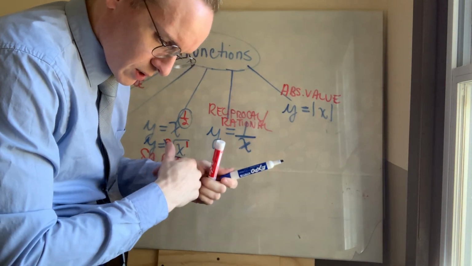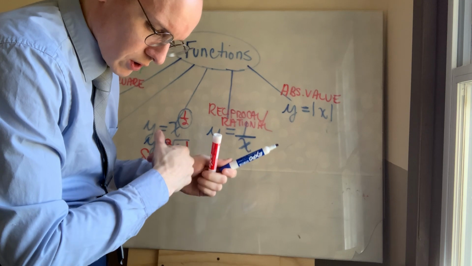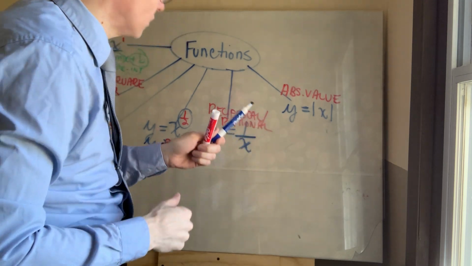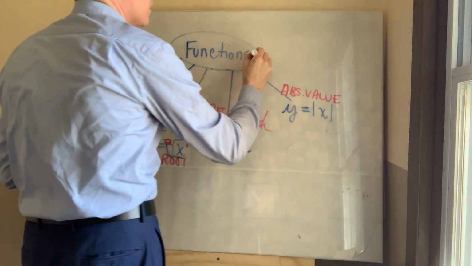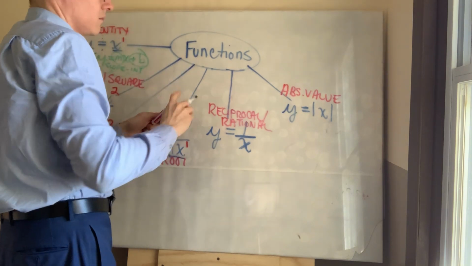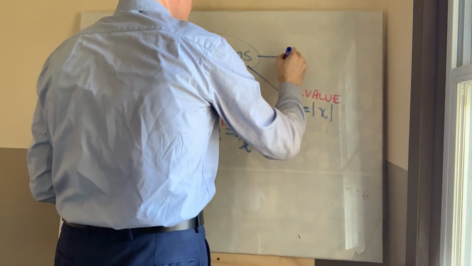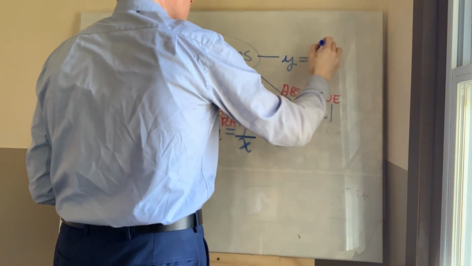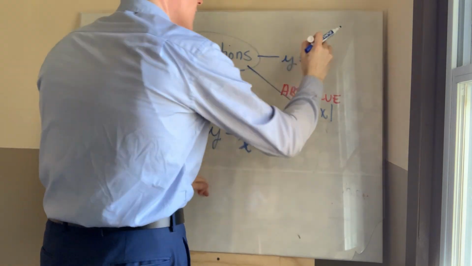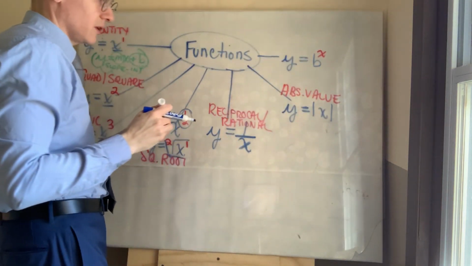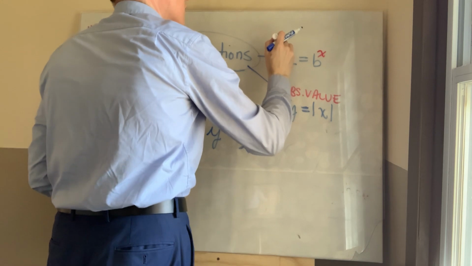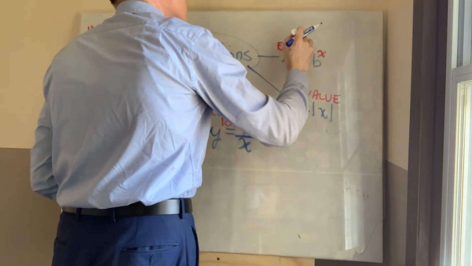And then we got into, most recently, exponential and logarithmic functions. So if you had y equals some base number, and now the variable is the exponent, you have an exponential function.